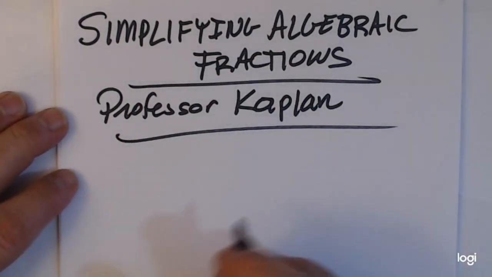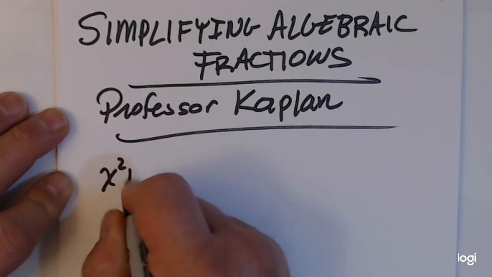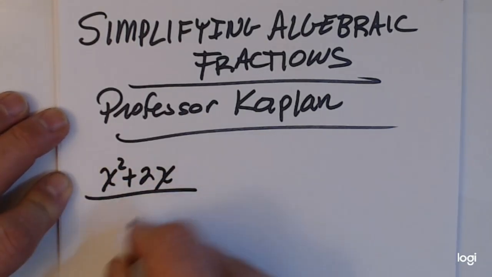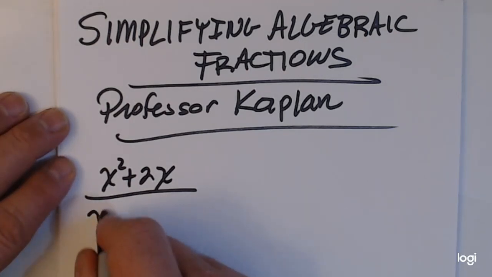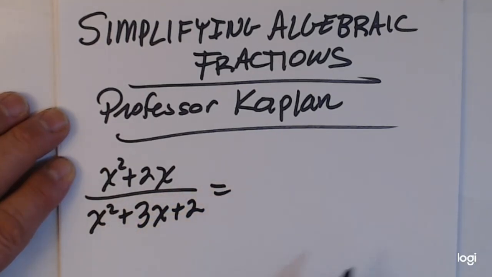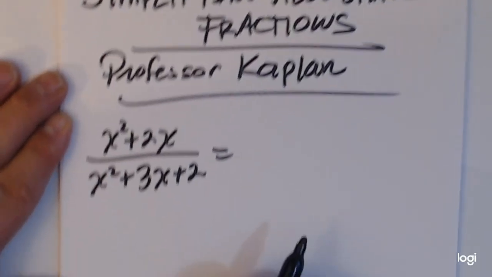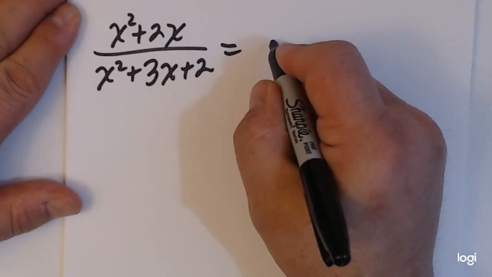How about x squared plus 2x over x squared plus 3x plus 2. So, let's get the numerator.